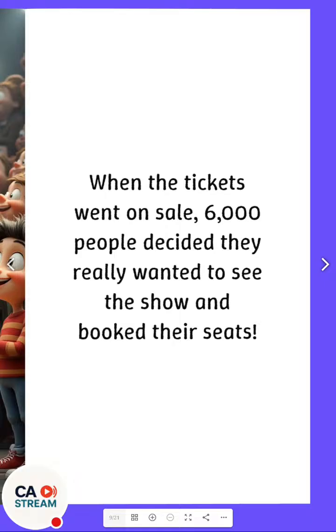This is what we call issued shares 8,000, subscribed only 6,000. This status will be called under subscription. Under subscription in the sense the company issued 8,000 shares, but the public showed interest to subscribe only 6,000. Under subscription.